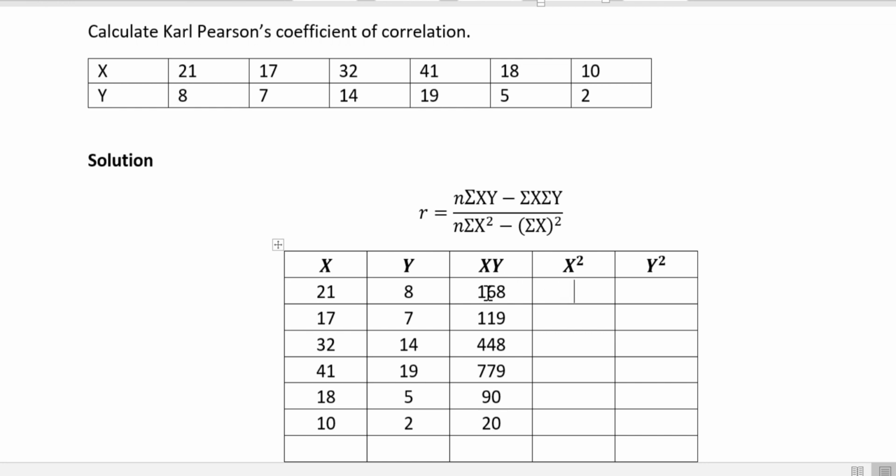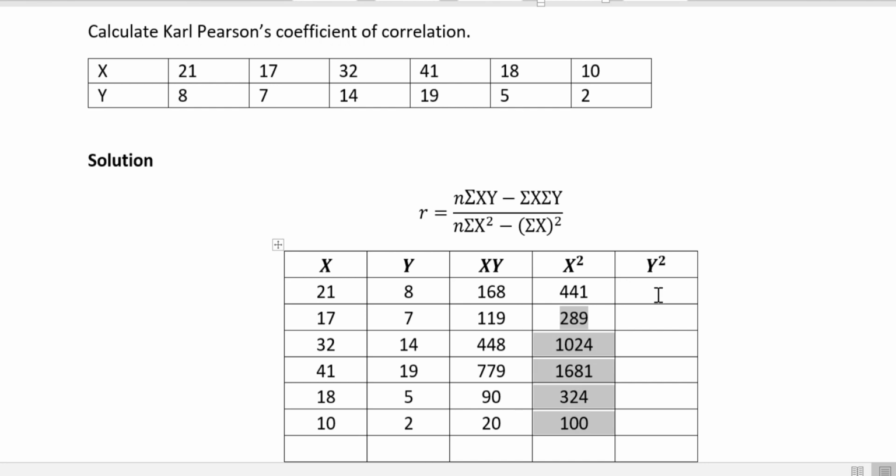When we are done with that, we come to the next column, which is column x squared, and this will be found by taking the values in the x column and squaring them. The first one will be 21 squared, which gives 441, then 17 squared giving us 289, and we continue downwards up to 10 squared, which will give us 100.